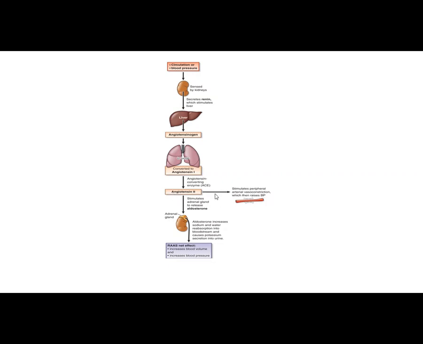From this, angiotensin 2 stimulates the adrenal glands to release aldosterone. Your adrenal glands are the little, I call them the hats of the kidneys, but they're right here. Aldosterone increases sodium and water reabsorption into the bloodstream and causes potassium secretion into urine. The net effect is basically increased blood volume and increased blood pressure.